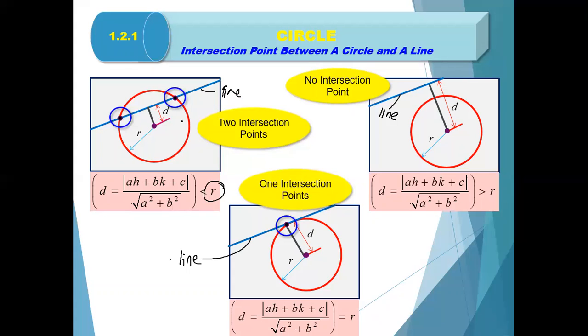So there will be only one intersection point. And also if you have a line far away from the circle, we know there is no intersection point. This one, the distance is greater than the radius.